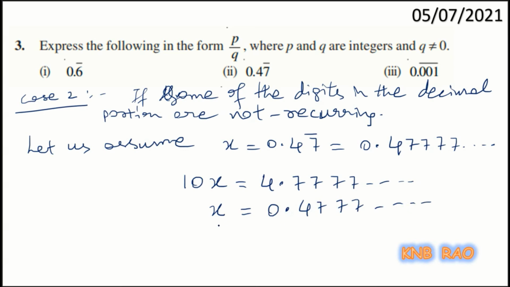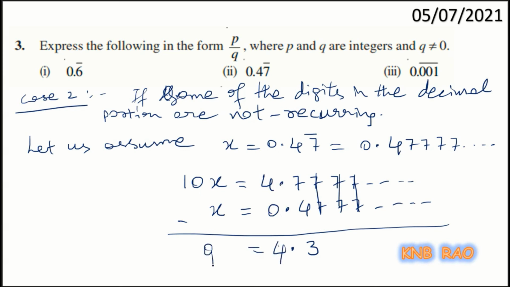where 0.4777 will come. When we do subtraction, here these 7s will cancel, but in the 10th place 7 minus 4 will be there and it gives you 0.3. 4 minus 0 is 4 and 10x minus x is 9x, and further we have to find the value of x. x equals 4.3 by 9. This is not in the form of p by q, as p and q are not integers.